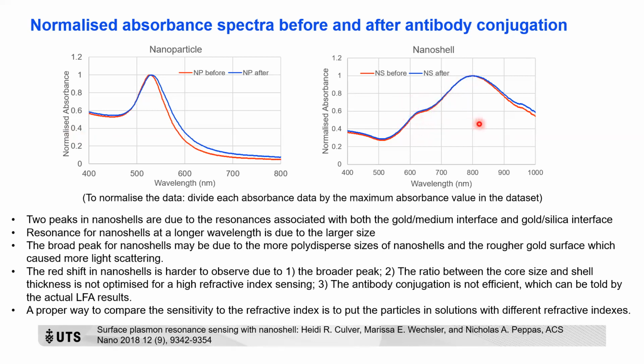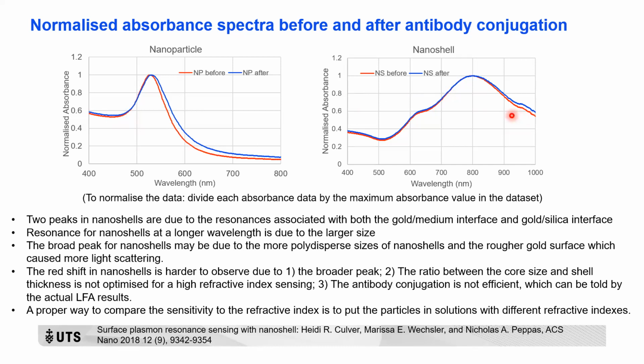The peak of the nanoshell that appears at 800, towards longer wavelengths, is due to the size being bigger than the nanoparticle, and you can also see it's actually broader than the nanoparticle. That also has some reasons.